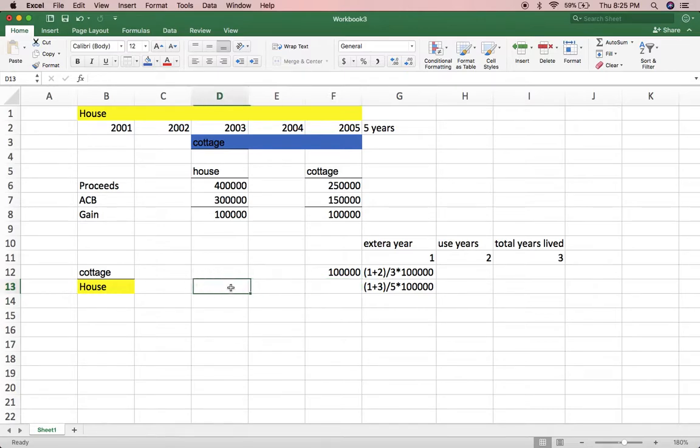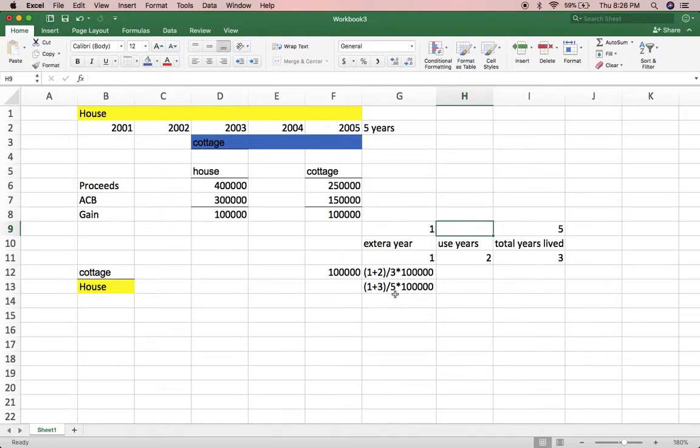Now I'll do the house. The house is the same thing. For the house, we are going to use the extra 1 year. We lived in the house for 5 years.